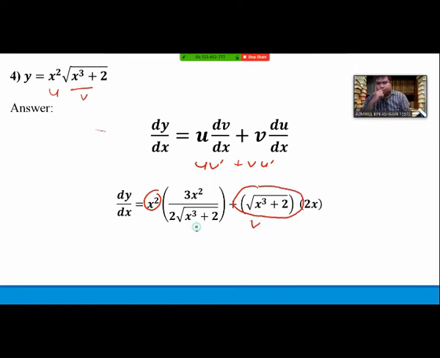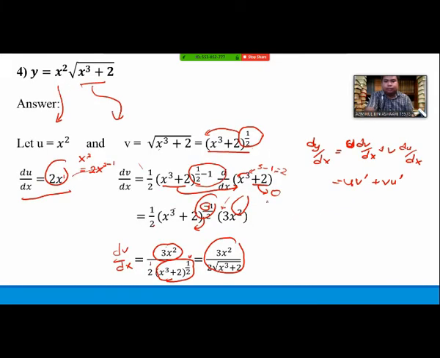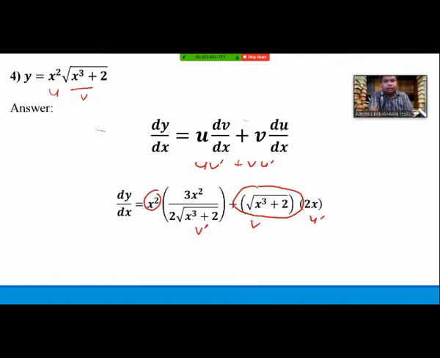And this one is v prime, dv per dx, and this one is u prime that you have already found at the front, which is du per dx is 2x.